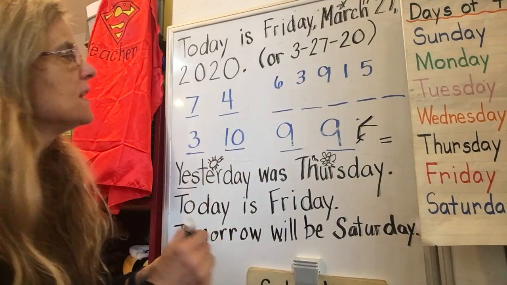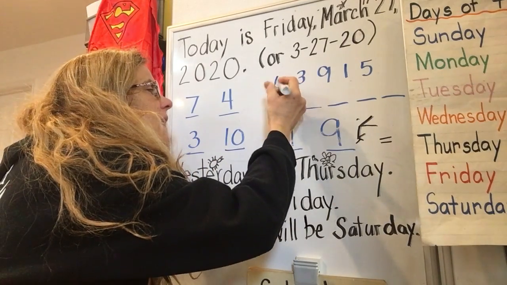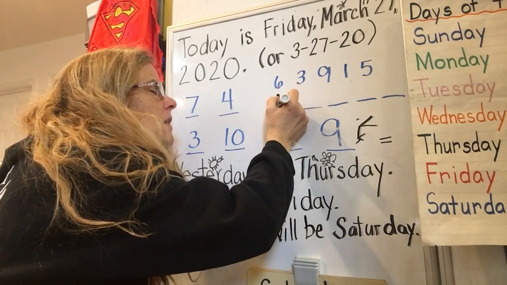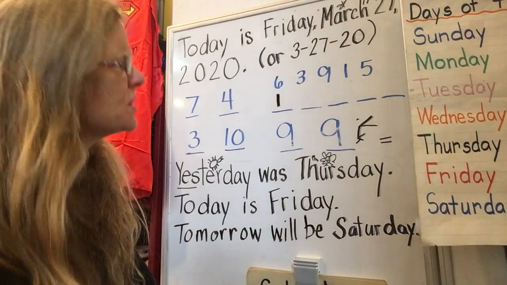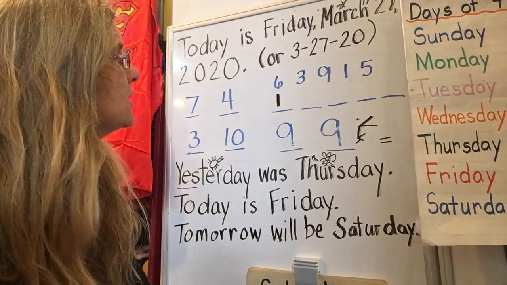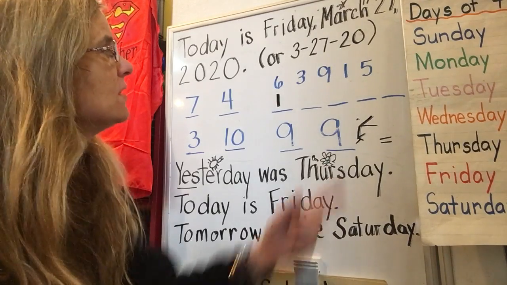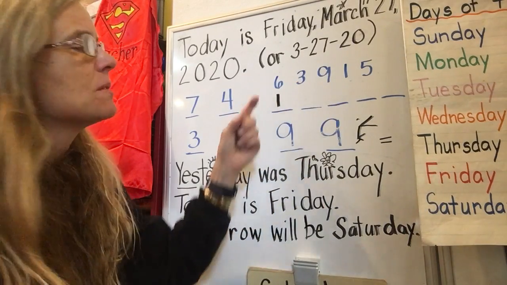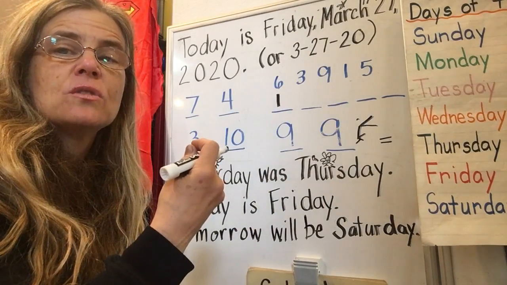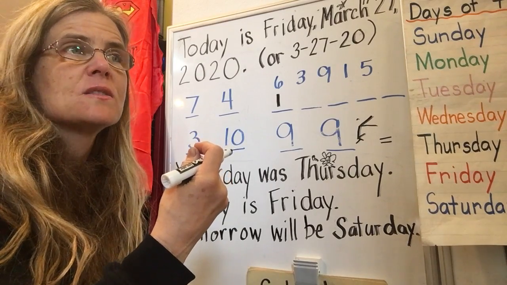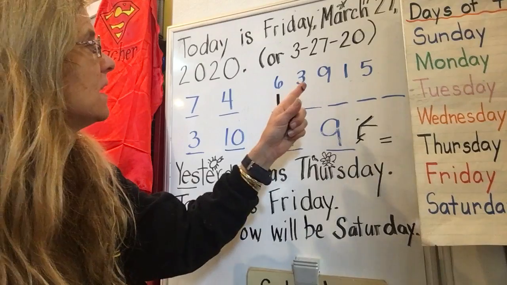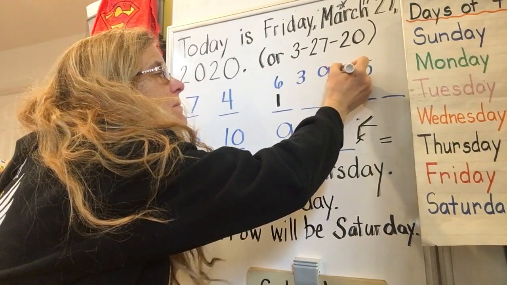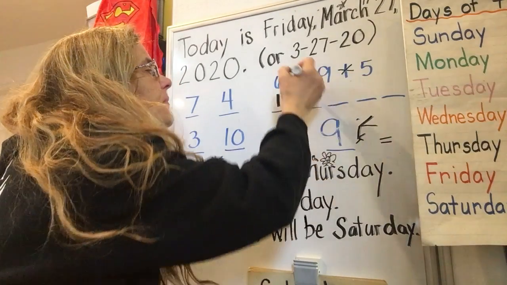I do see a 1, so I'm going to put my 1 right here, because this is the smallest number in this count sequence. And some are missing because 0 is not there. Now let me look for 2. I don't see 2 either. So I'm going to jump over 2 and go to the next higher number, and that's 1 more than 2, and the count sequence is 3. And I think I'm going to cross them out so I know that I've used them. And then here's 3.